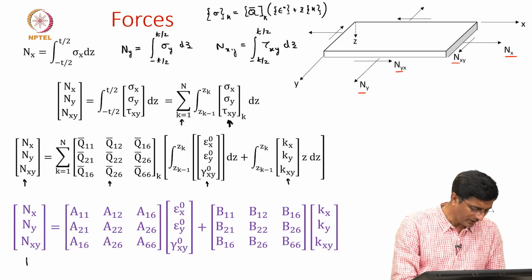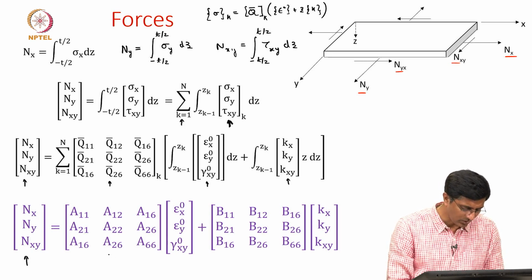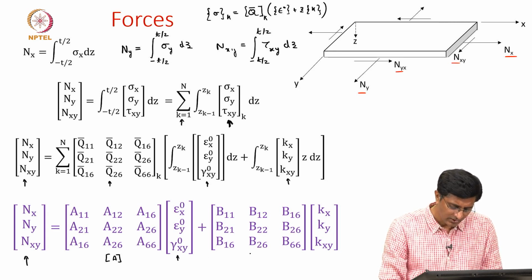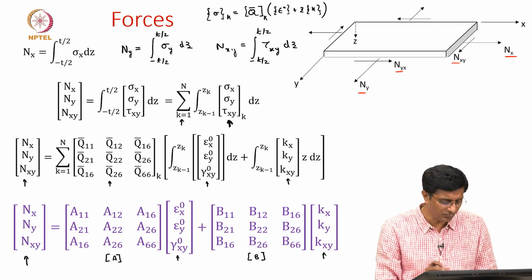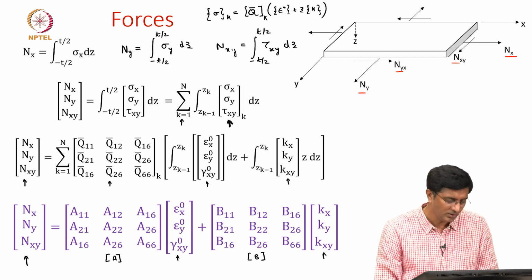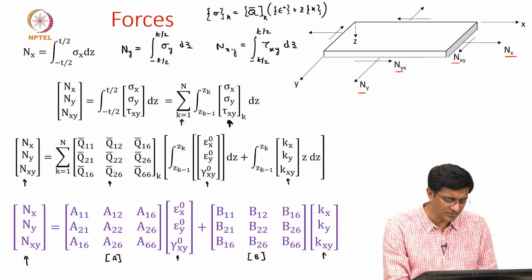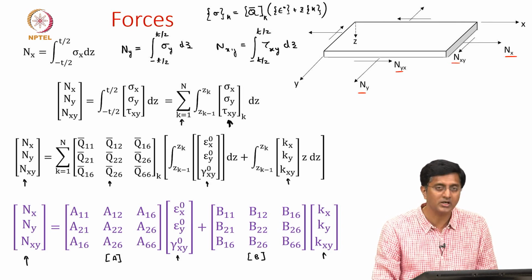So now finally we write these forces in terms of a new matrix called A. We will define what this matrix A is, times the mid surface strains, plus the B matrix times the curvatures. In a moment we will see what these matrices A and B are, but the whole idea is we are now able to write these forces in terms of the mid surface strains plus the curvatures.